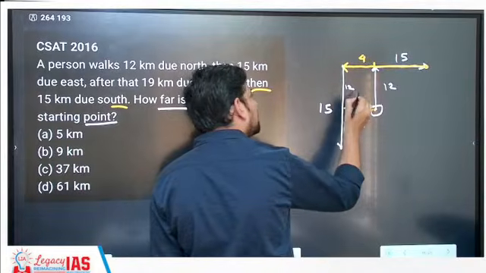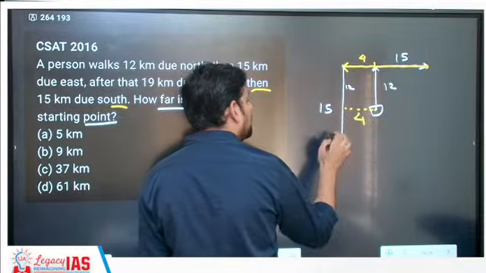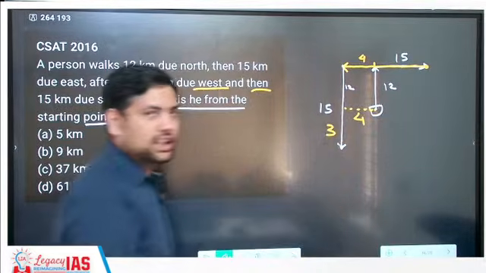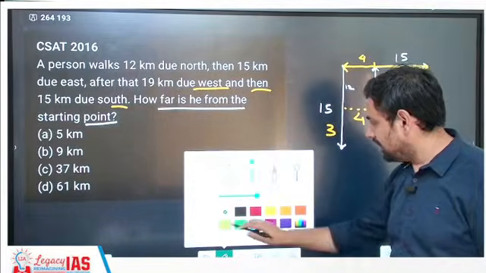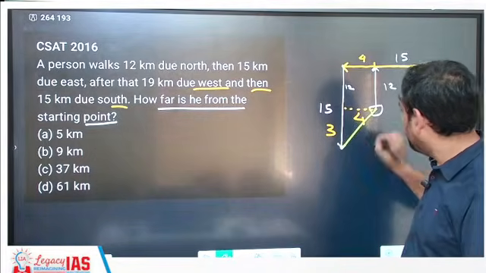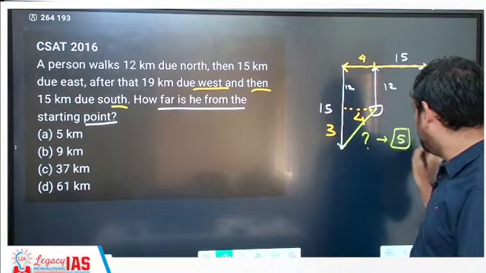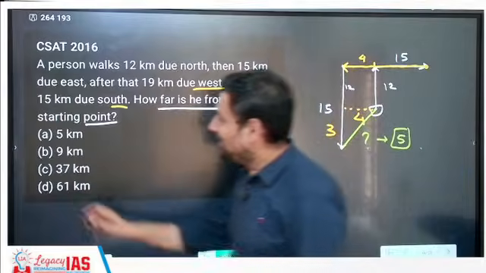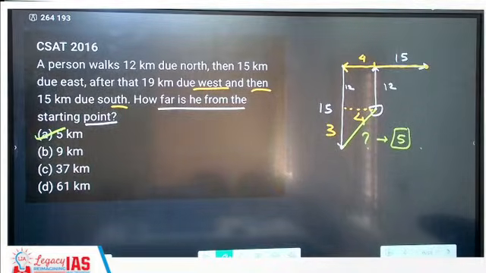This you can feel, correct? 12, 12. So if this whole thing was 15, 12 is gone. What remains? 3. Now, if you look for this distance, this is 4, this is 3. What will this be? This will very clearly be 5. Correct? By Pythagorean triplet, 3, 4, 5.